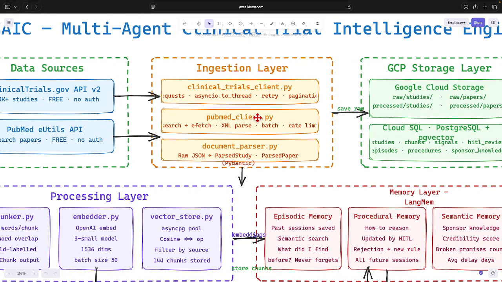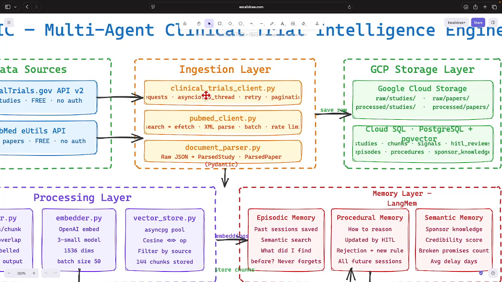The next is the ingestion layer. As you know, the ingestion layer is nothing but the data absorption layer. Once we know where the data lives, we need to fetch it, and this fetching will be done by the ingestion layer. If you look closely at the ingestion layer, we have three files working together: clinical trials client, PubMed client, and document parser.